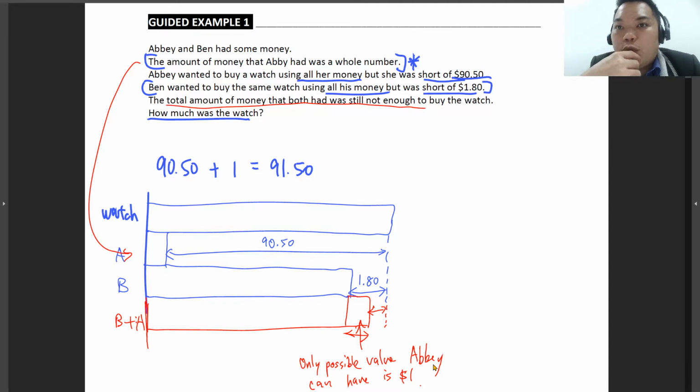Okay, so for those of you who are asking why 1, think about this first. There is only one possible number you can have over here while still having a remainder. What could that be?